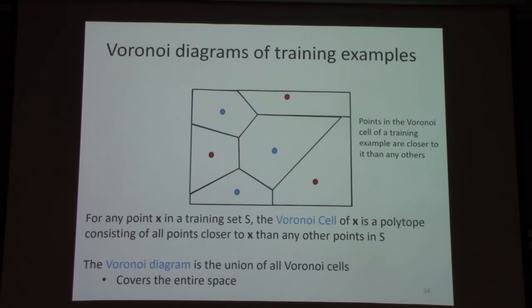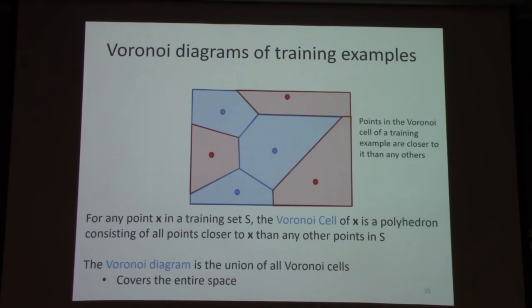The nearest neighbors classifier effectively builds the Voronoi cells, because if, let's say, this point is red, then all points in the Voronoi cell of that point will be closer to it than to anything else, which means the entire Voronoi cell is going to get colored red. And so on.